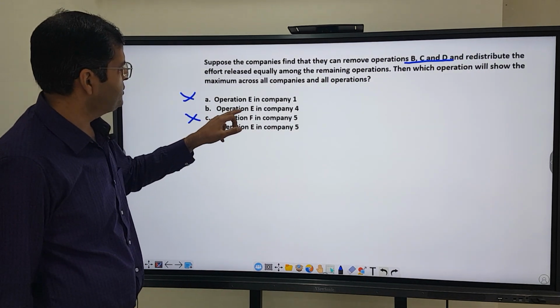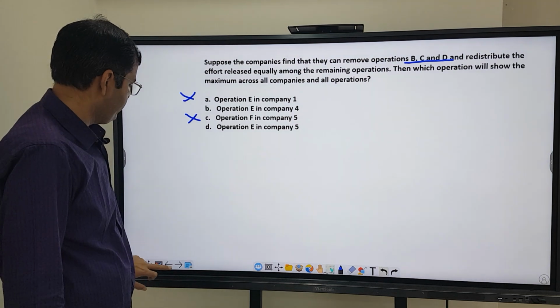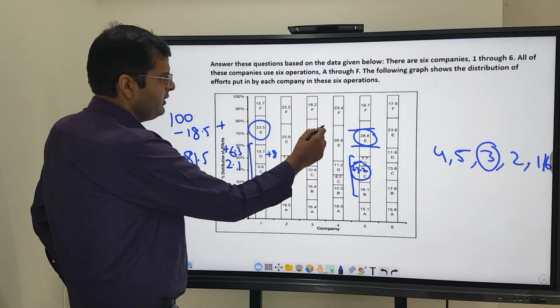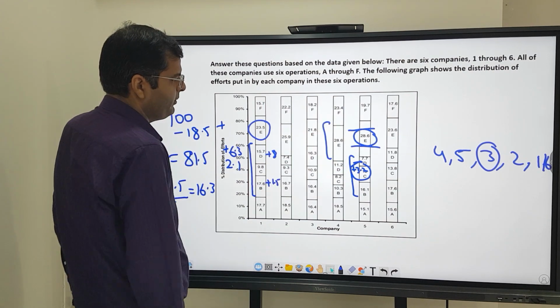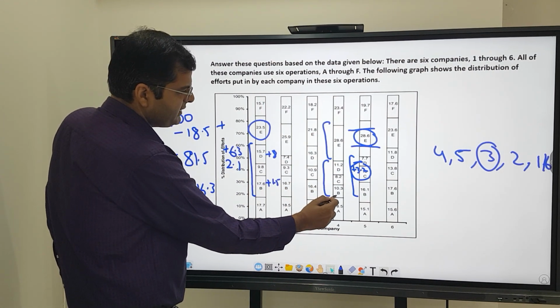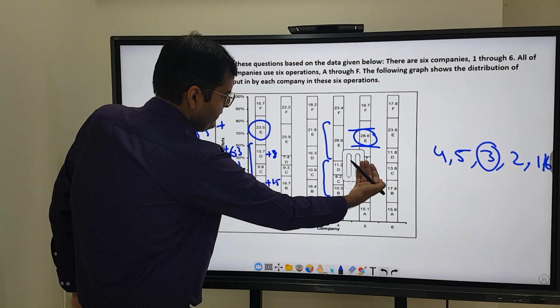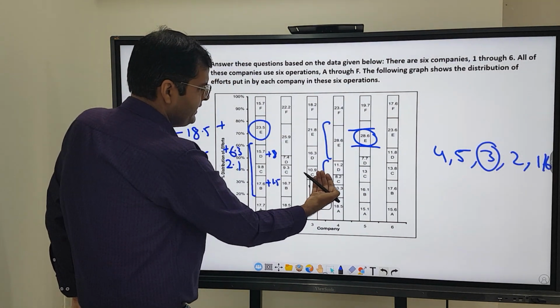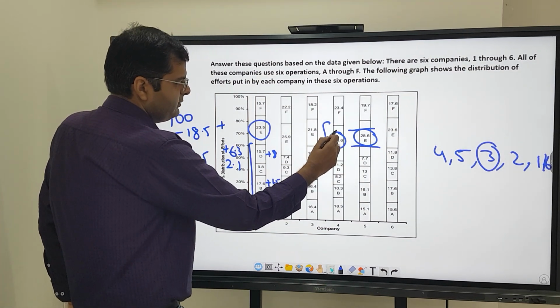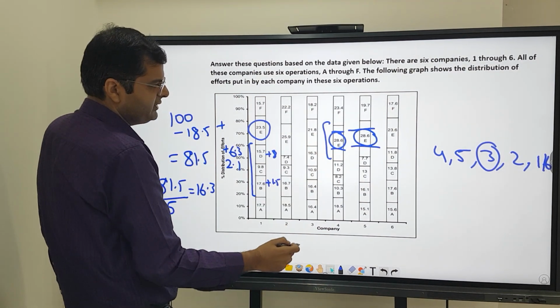Now the option remains between company 4 and company 5. Both have 28.6 and 28.6. If I look at the effect of B, C and D, the base is the same for both of them to start, 28.6 and 28.6.